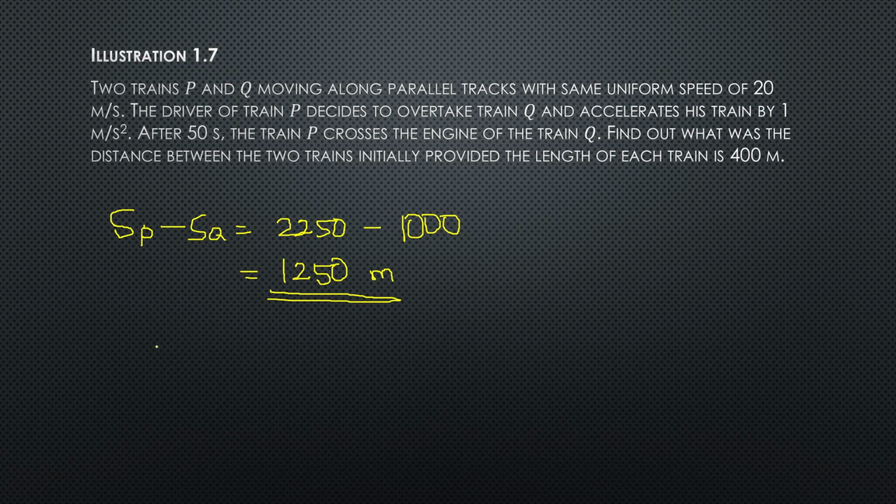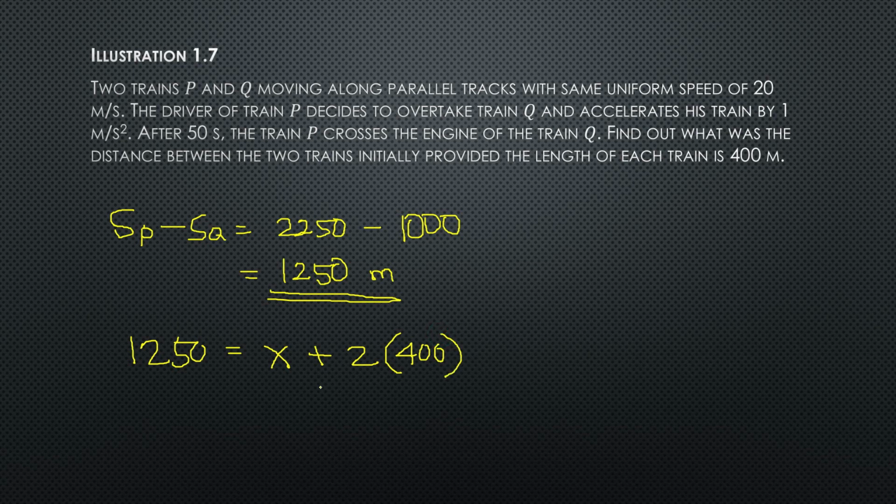So 1250 will be equal to the initial distance between the trains plus the lengths of the two trains, so 2 times 400.